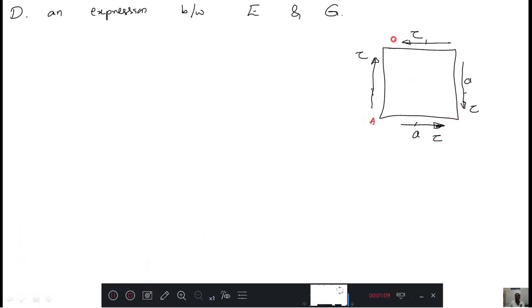We'll name the corners A, B, C, D. Let us consider this diagonal BD, drawn as a straight line, and it will deform this way, because the forces will yield it, which means this diagonal BD will shift like this.